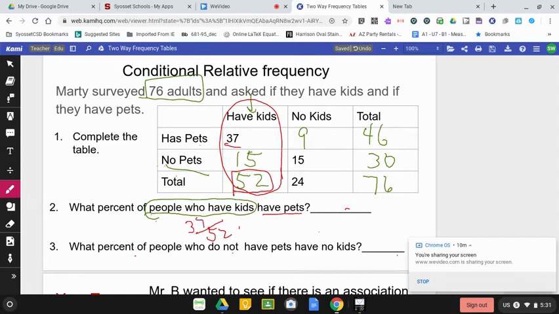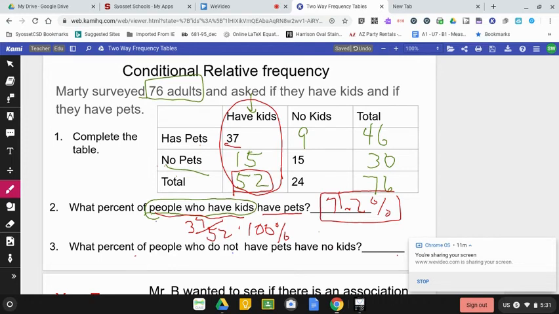Take your calculator, divide those, multiply by 100%, and you should end up with 71.2% of people who have kids have pets.